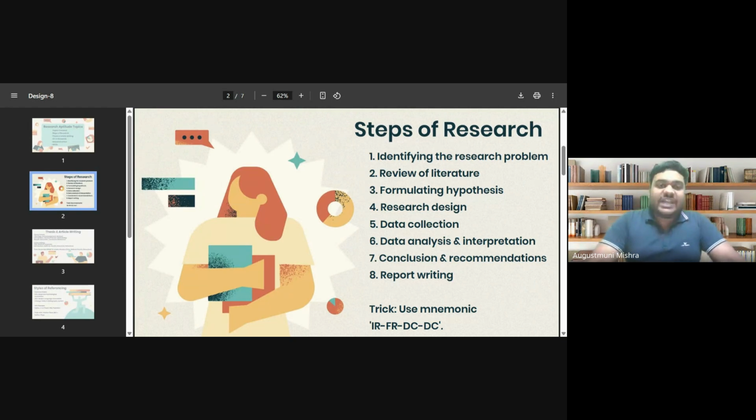After you find your broad area, you have to divide it into sub areas. For example, I have narrowed down to the use of artificial intelligence in mass communication, because AI can be used in various subjects, but I use that term in a particular subject.